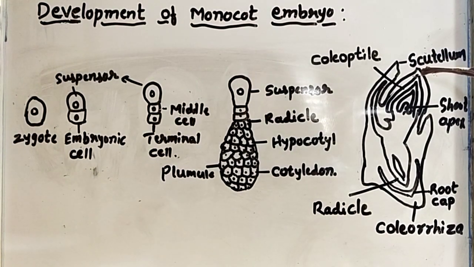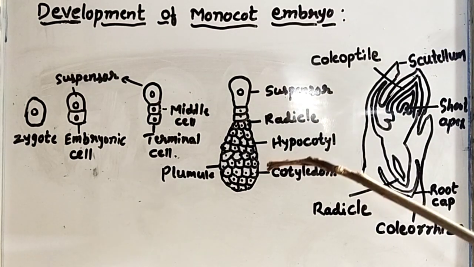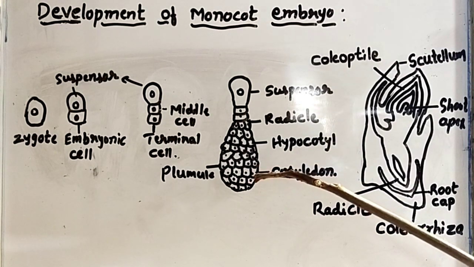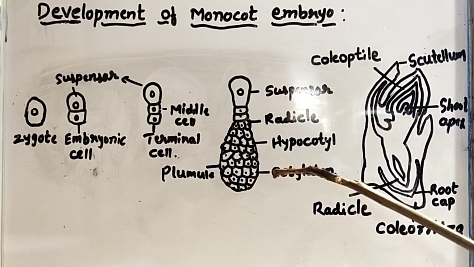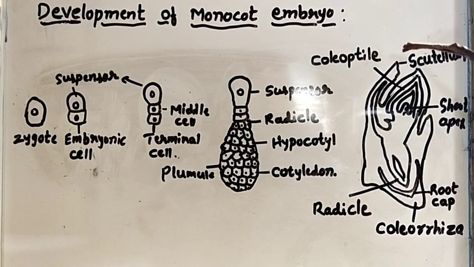That single cotyledon of the monocot plant is known as scutellum. In the globular embryo also we can see the cotyledon point. Scutellum is the single cotyledon of the monocot plant.